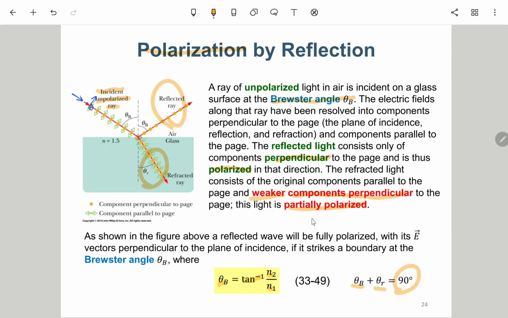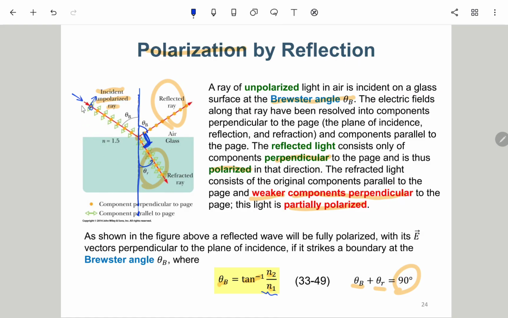Here we have this one is theta b, this one is theta b, this one is theta r. Of course, if you're familiar with geometry, this one and this one add up to be 90 degrees, and this one is 180 degrees. So of course this one is 90 degrees. So in some sense, we don't actually need to know n1 and n2 and then calculate the Brewster angle.